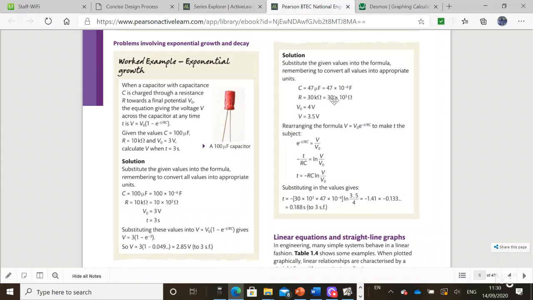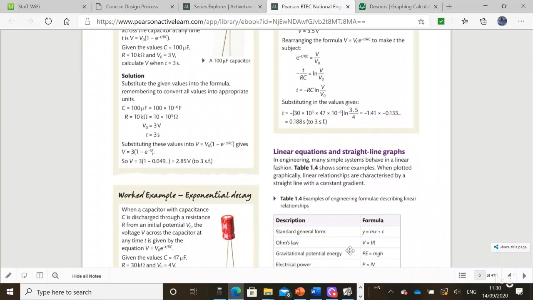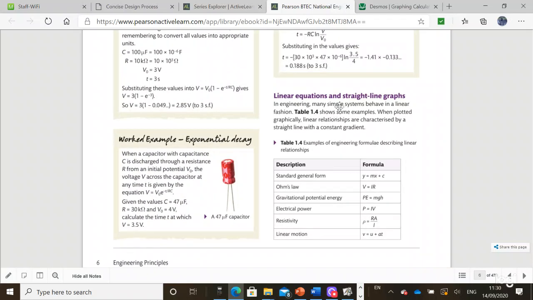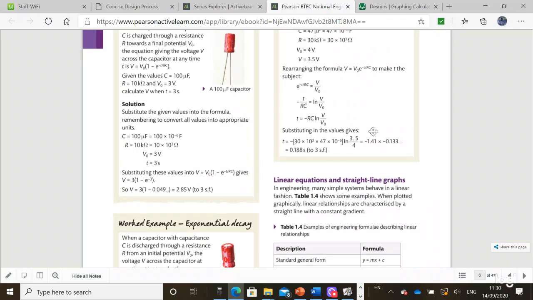Any questions before I move on? I just want to quickly introduce a different type of equation, and then possibly we'll continue next lesson. A couple of points to remember. Make sure you round to either 3 decimal places or 3 significant figures.